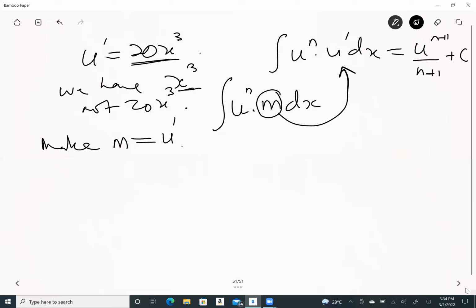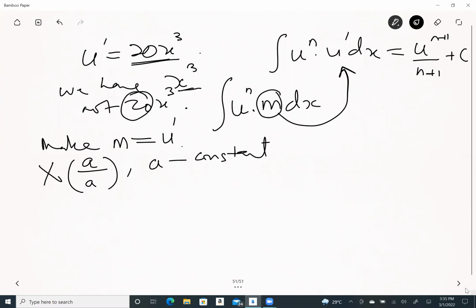So what you do here is this. What is the term that we are short of? What term is missing? The term missing is the 20. You don't have 20, you are given only x cubed. So we multiply by a ratio of constant over a constant, say a over a, where a is a constant.